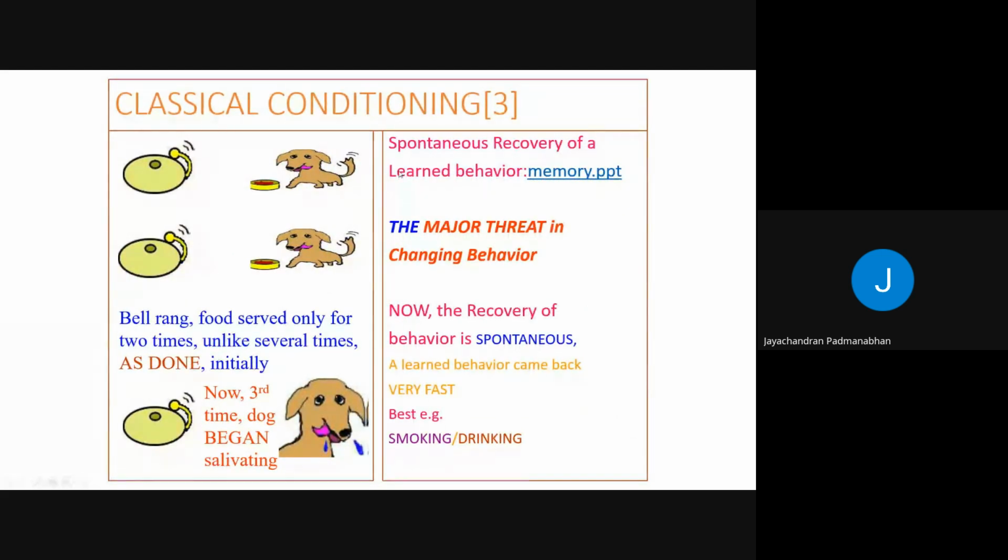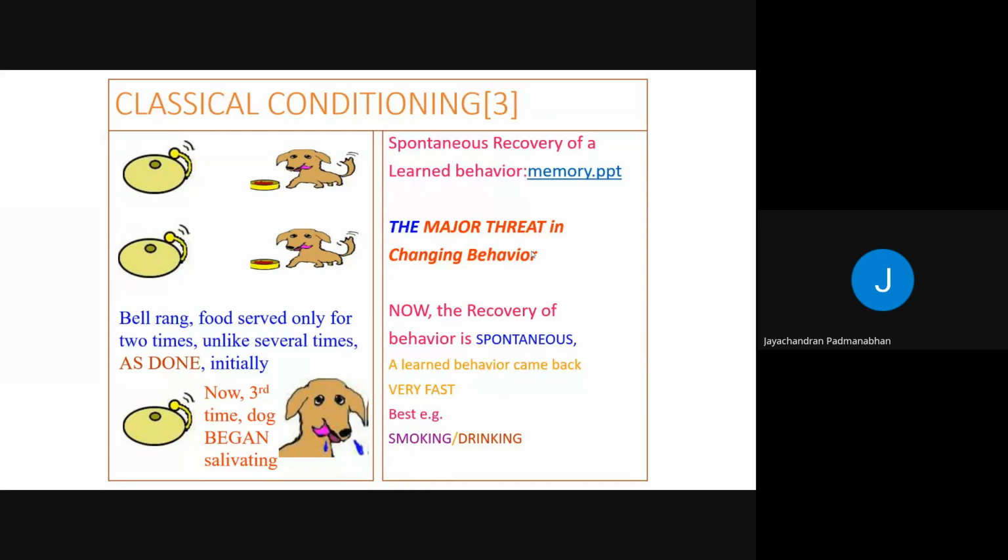That is why I said spontaneous recovery of a learned behavior is the major threat in changing behavior. That is why nurturing is very important, from 6 to 12, and even prior to that; unnecessary pampering and spoiling would only spoil the child.